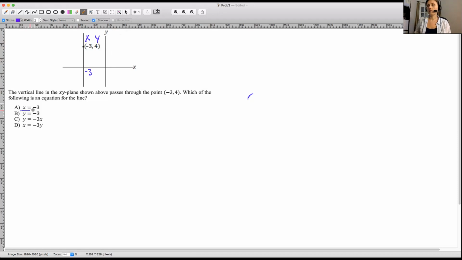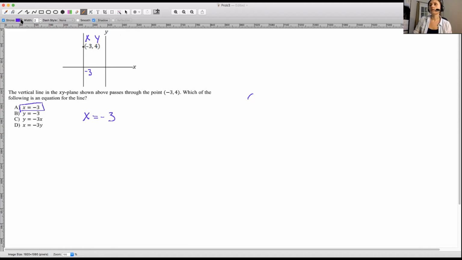It would be x equals -3 because it's not touching y. So y is not even in the picture, right? And x is passing through -3 on the x-axis. So therefore, the equation is x equals -3. So why would it not be y equals -3?